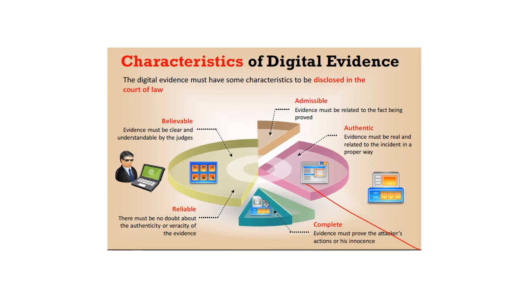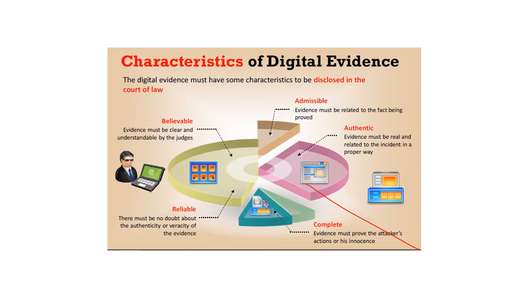That's one characteristic of digital evidence. Another characteristic is authentic. When something is authentic, that thing is real or genuine. So we're saying evidence must be real and related to the incident in a proper way.